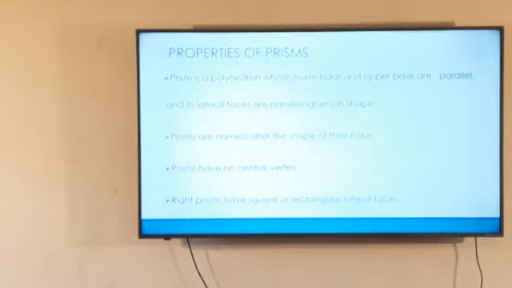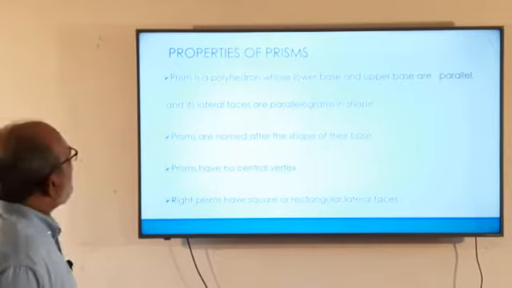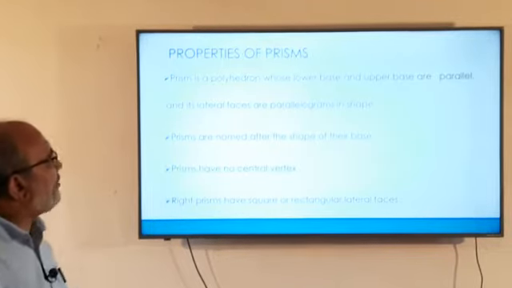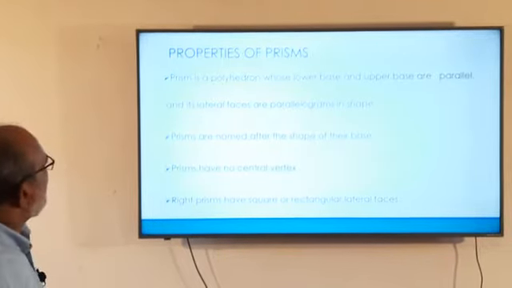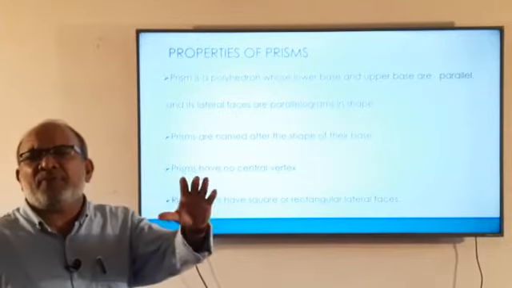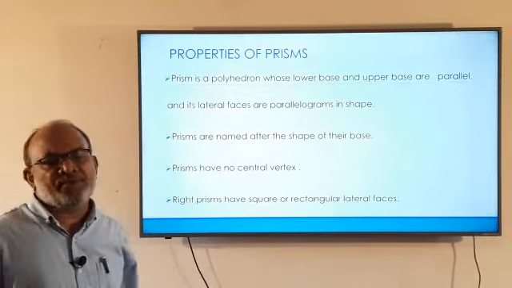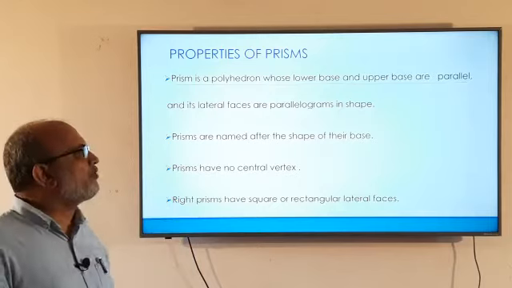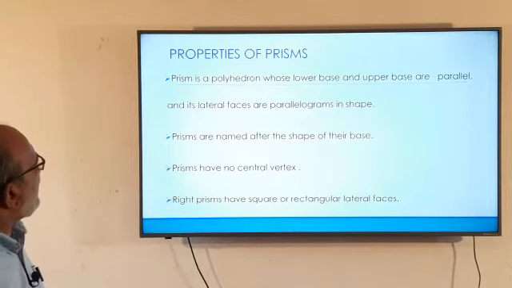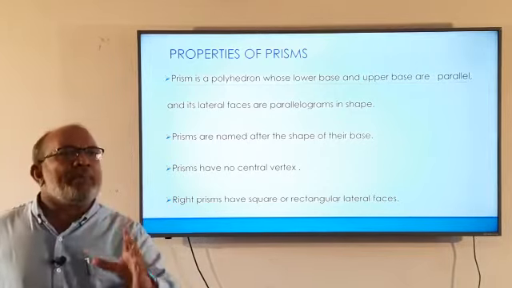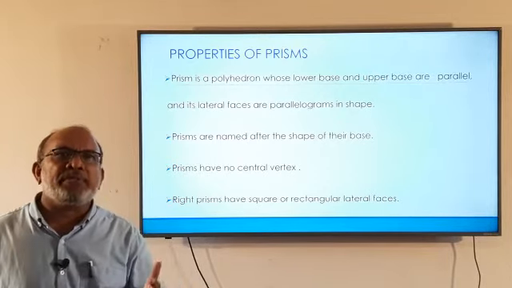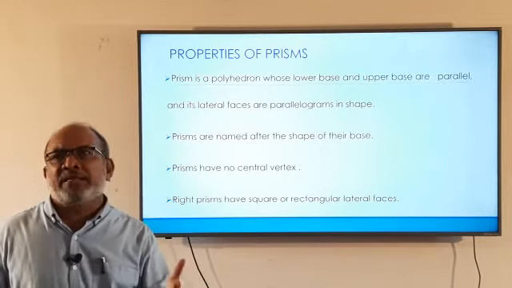So, what are the properties of the prism that we have already discussed? We will sum up. Prism is a polyhedron whose lower base and upper base are parallel. In this case, it is parallel for the right prism only, not for the others. And its lateral faces are parallelogram in shape. Lateral faces are parallelogram in shape, means it can be a rhombus, it can be a square, it can be a rectangle, it depends.